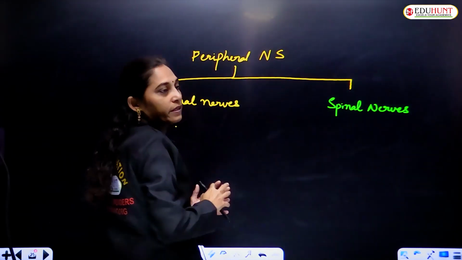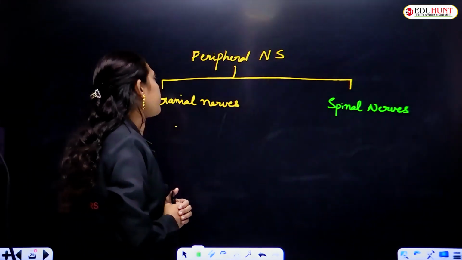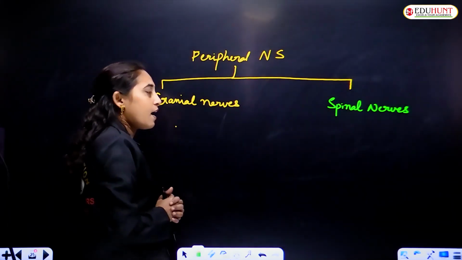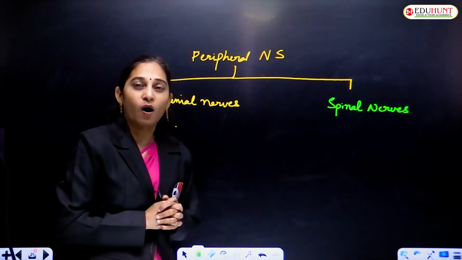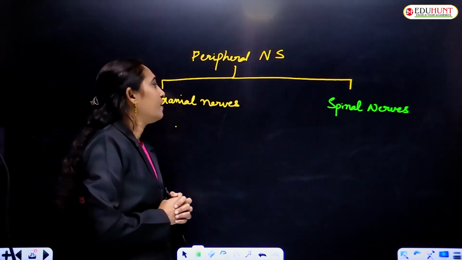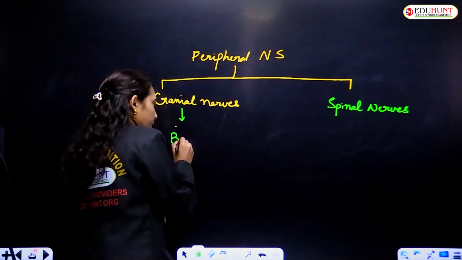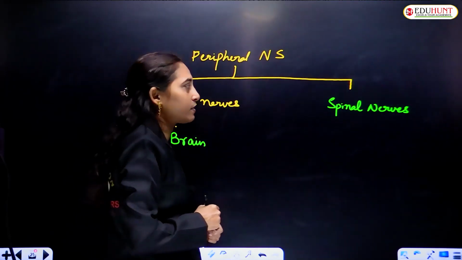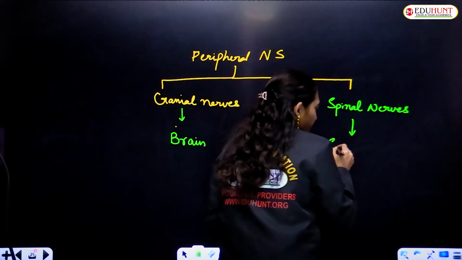These two nerves form the peripheral nervous system. Cranial nerves are the nerves that arise from the brain, not from the cranium. That we must understand. These nerves come from brain. And spinal nerves arise from spinal cord.